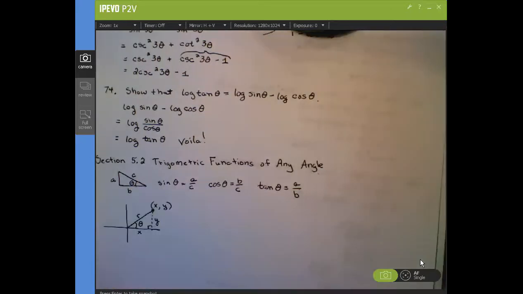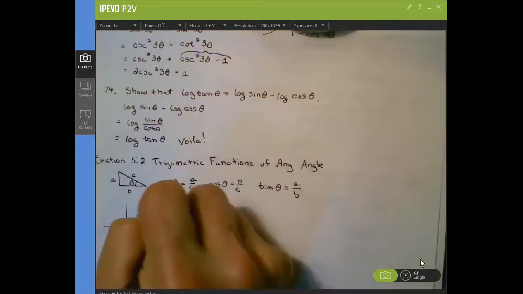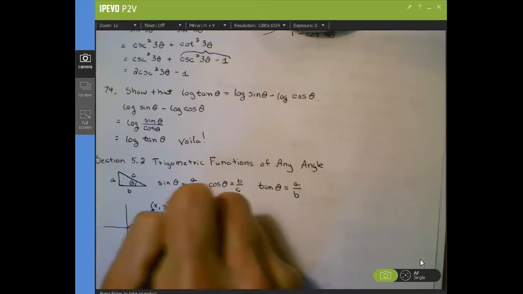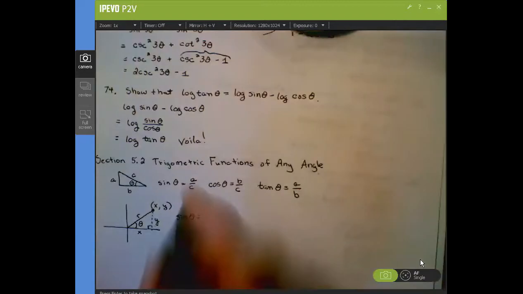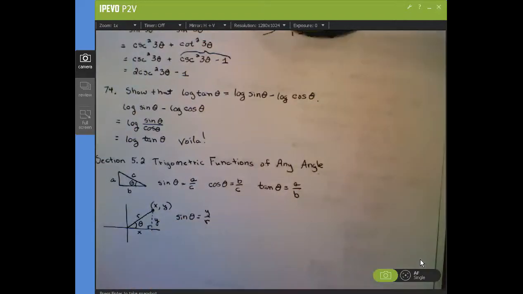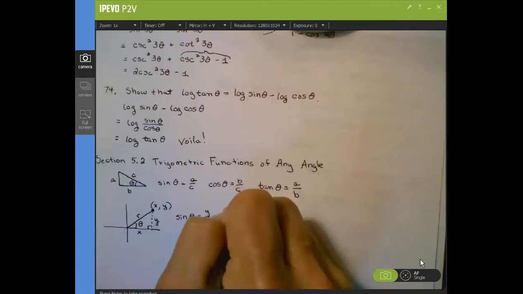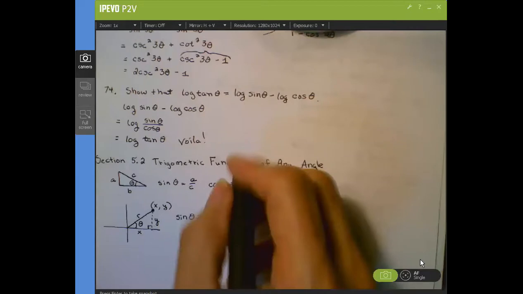So if we wanted to talk about the trigonometric functions of this angle in the Cartesian coordinate system, instead of this angle in the right triangle, we could still say that sine of theta would be opposite over hypotenuse, y over r. And cosine of theta would be adjacent over hypotenuse, or x over r.